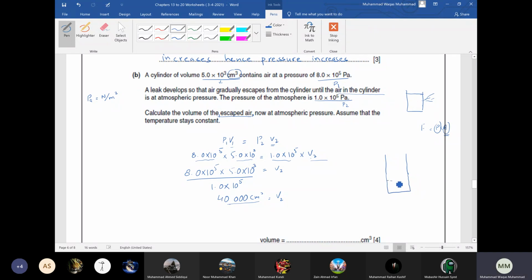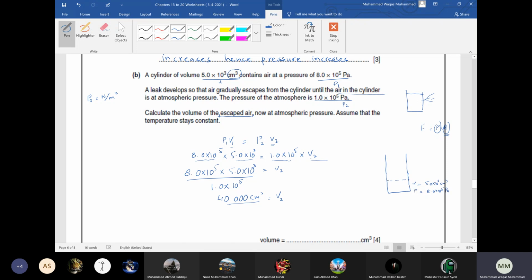Now beta, let's say this is the volume of the gas. At this volume, the pressure is 8.0 times 10 to the power 5 Pascal. So beta, here the volume is 5.0 times 10 to the power 3 cubic centimeter, and at this the pressure is 8.0 times 10 to the power 5 Pascal, right?